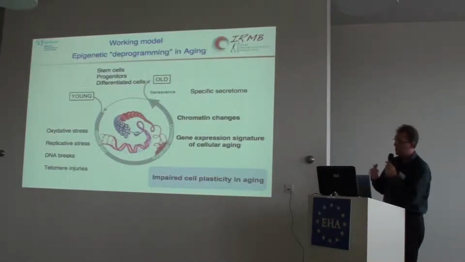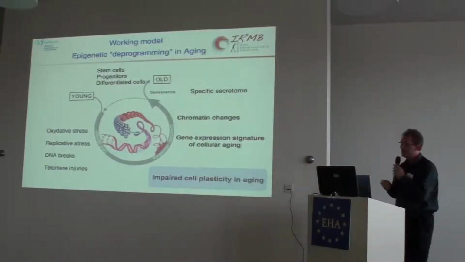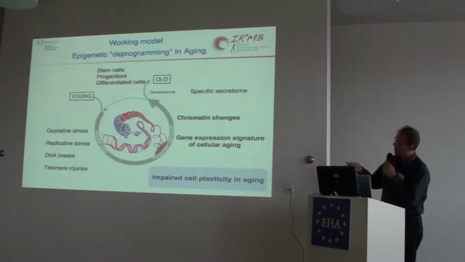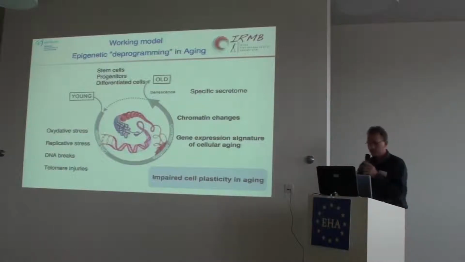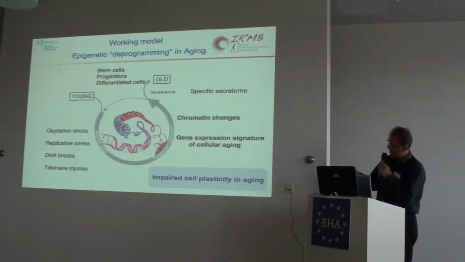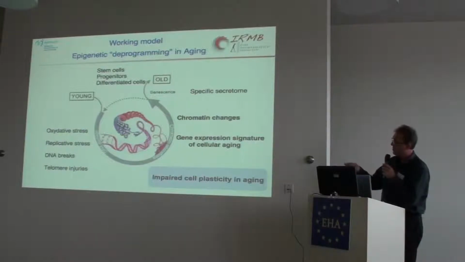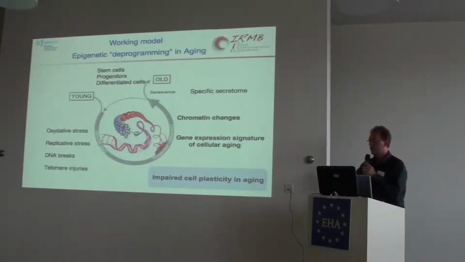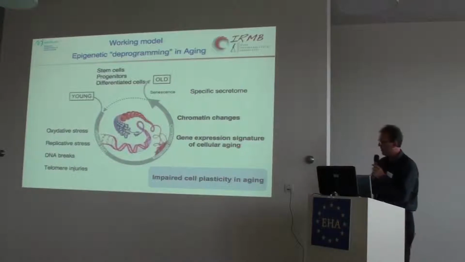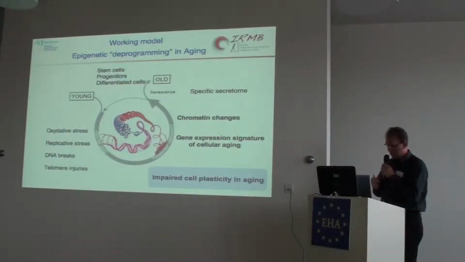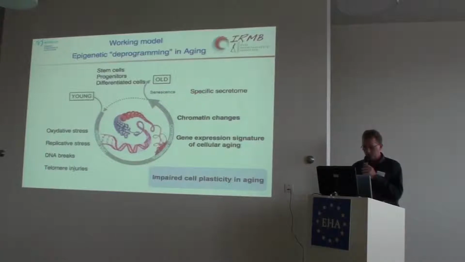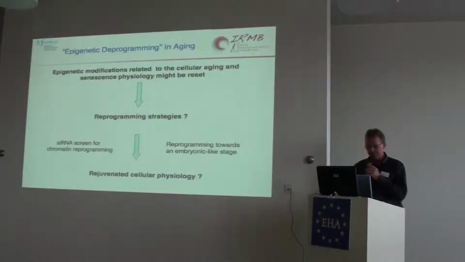It means that when the cell experiences stress, whatever the kind of cell, differentiated cell, progenitor or also stem cell, and when the cells survive, we observe a sort of translation of the stress into the chromatin organization that impacts the gene expression profile, as a sort of gene expression signature of aging. And this is probably of major importance in impairing cell plasticity and capacity in aging.